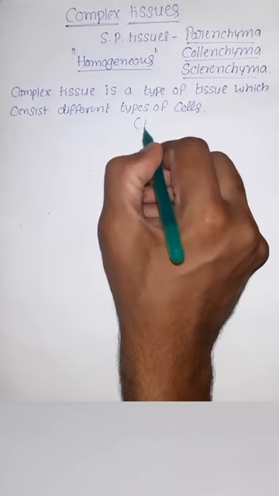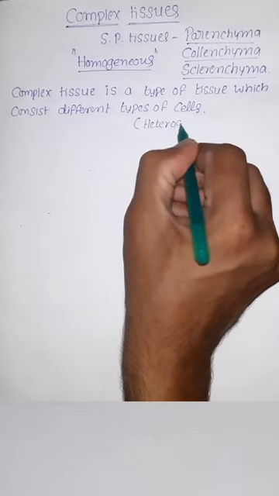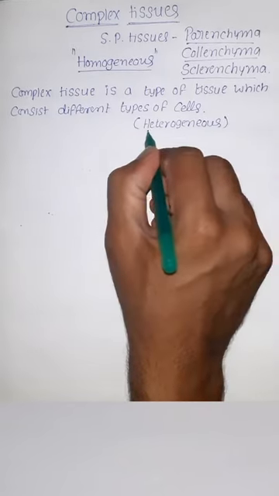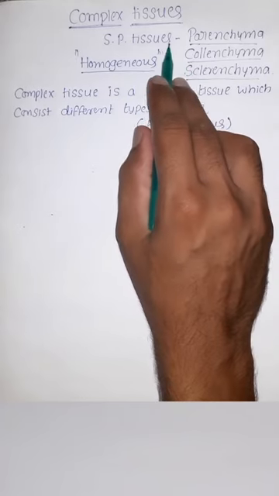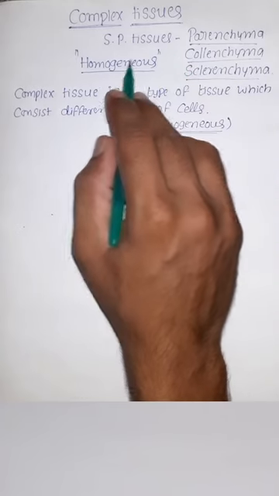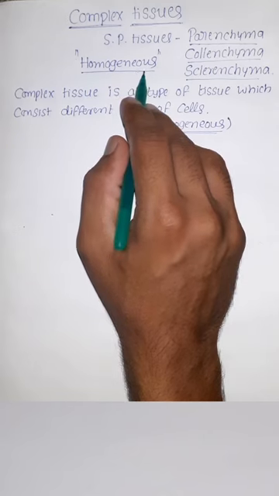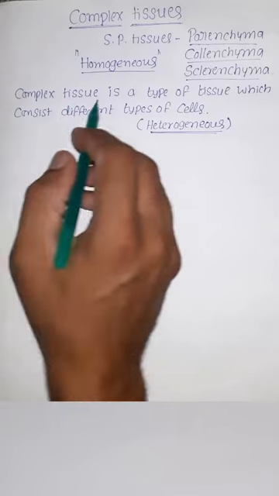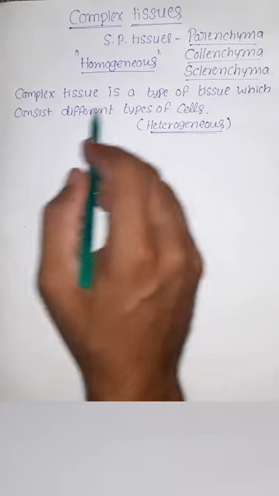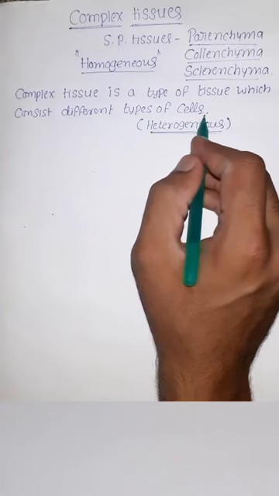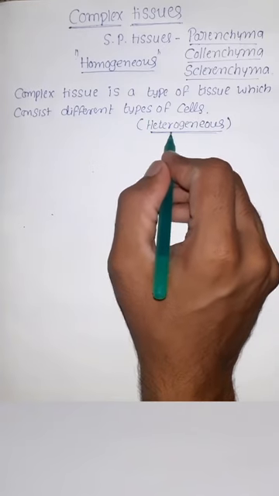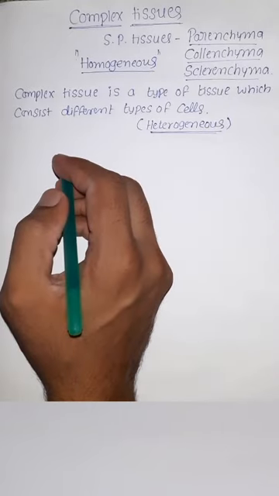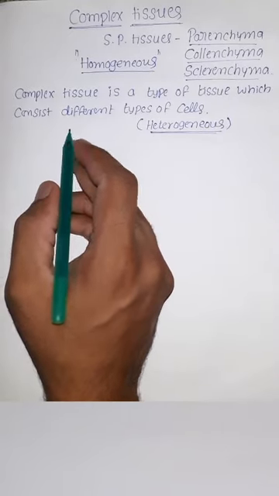Means it is a heterogeneous tissue. Whereas simple permanent tissues are homogeneous, made up of one type of cells. But a complex tissue consists of different types of cells, means heterogeneous.